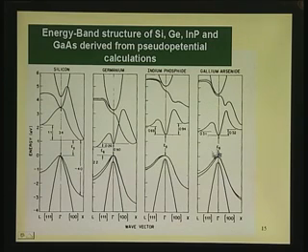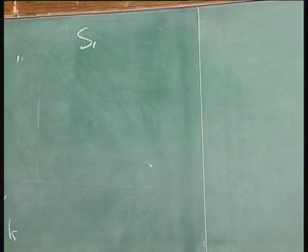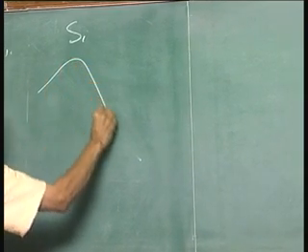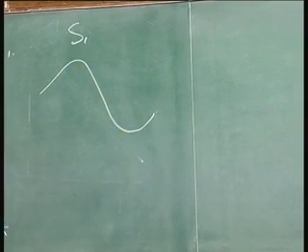Now, you take a look at silicon, this diagram. See, this diagram comes like this from that edge, this goes up like this. So, for silicon and germanium for example, you can see that it goes up like this in the conduction band.